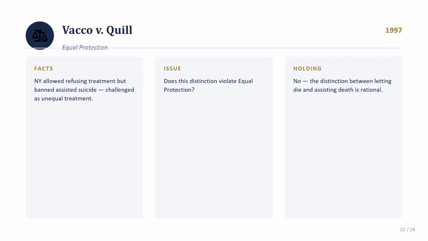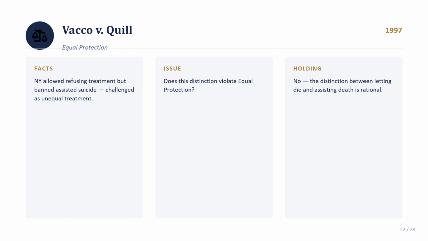In a refusal of treatment case, the underlying disease or condition causes the death, and the intent is to avoid unwanted bodily invasion. In assisted suicide, a lethal medication causes the death, and the intent is specifically to end the life. So the court treated that distinction in both the causal chain and the underlying intent as legally meaningful, and not merely a semantic difference dressed up to avoid a harder constitutional question, if that makes sense.